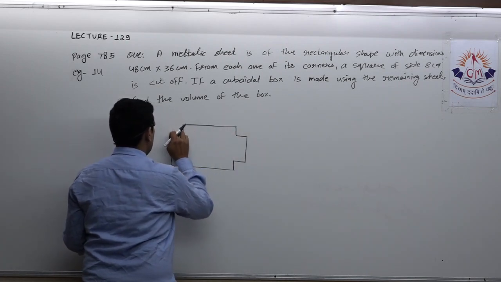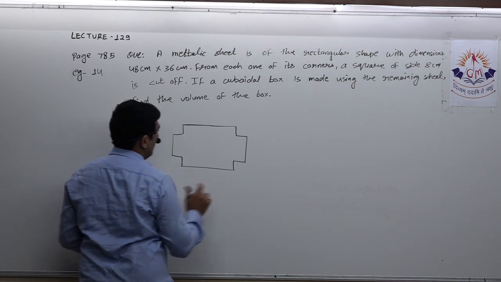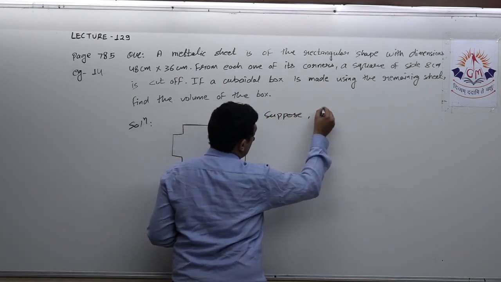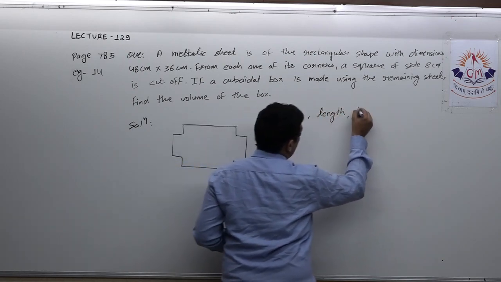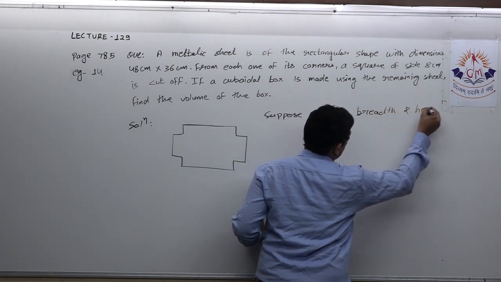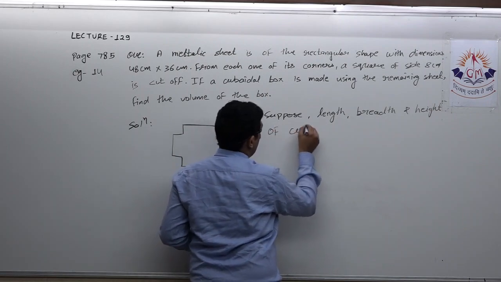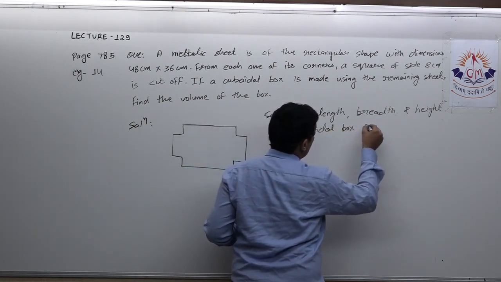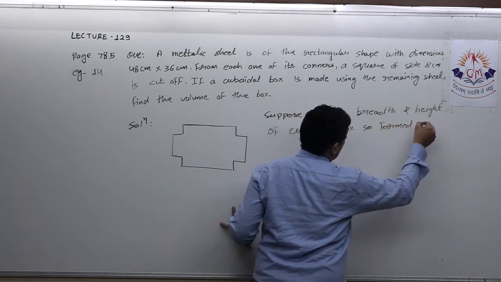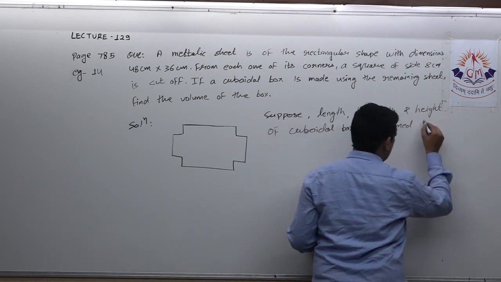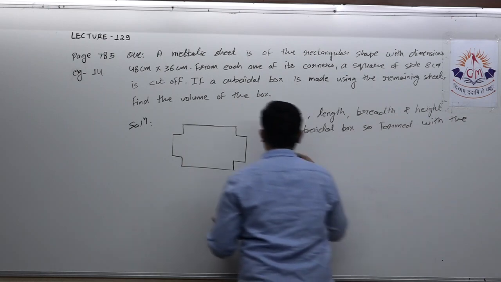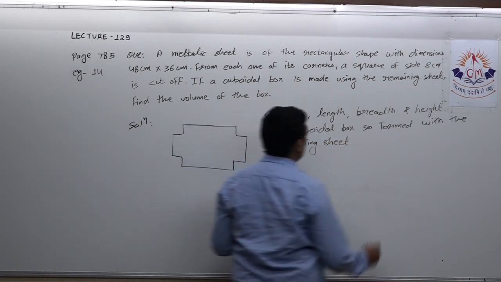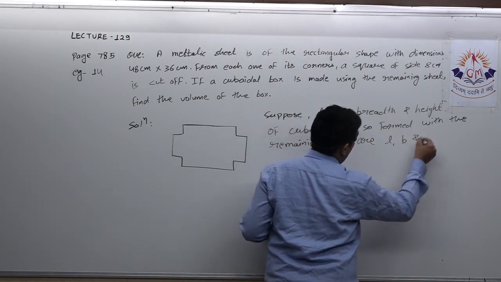Suppose the length, breadth and height of the cuboidal box so formed with the help of the remaining sheet are L, B and H respectively.